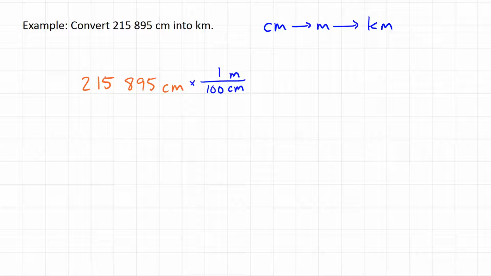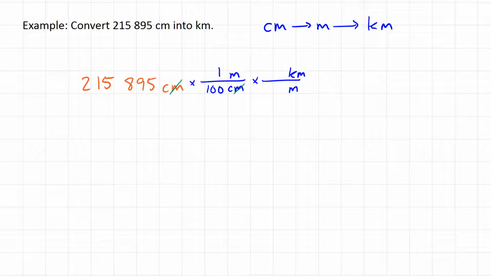Now this is where the shortcut comes in. My next step I'm going to do in the same line. So now I currently have gotten rid of my centimeters and I've been left with meters, but that's not the end result I want. So now what I'm going to do is get rid of my meters and try to end up with kilometers.